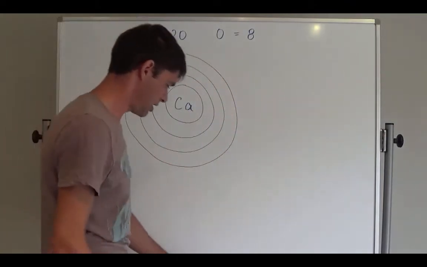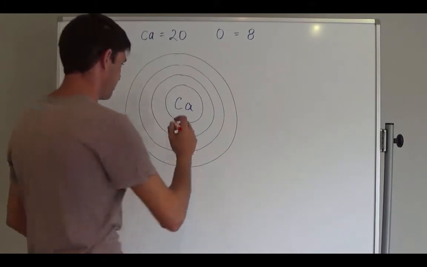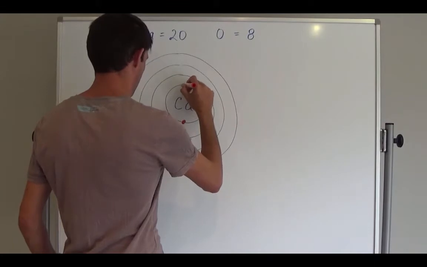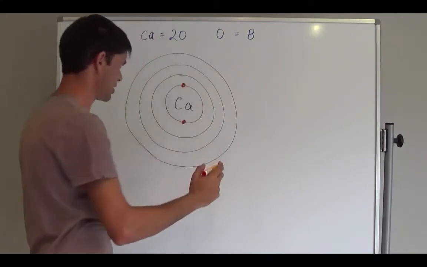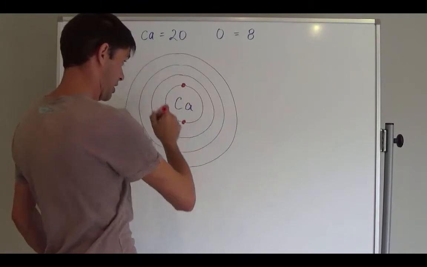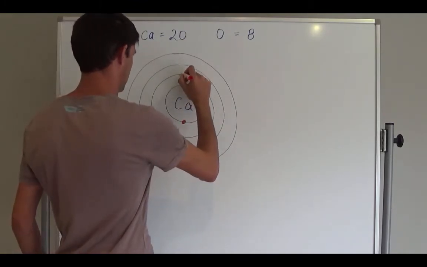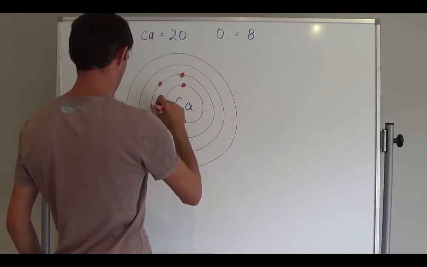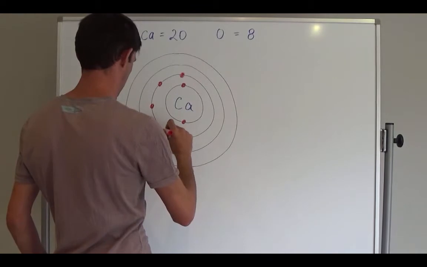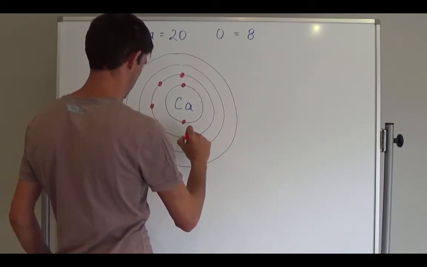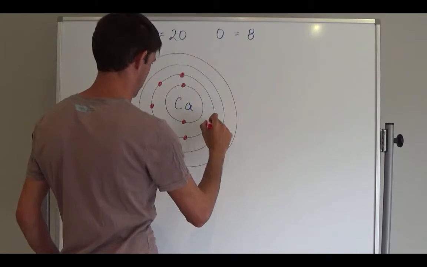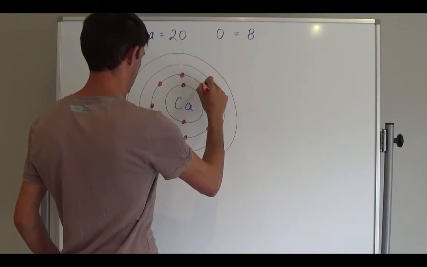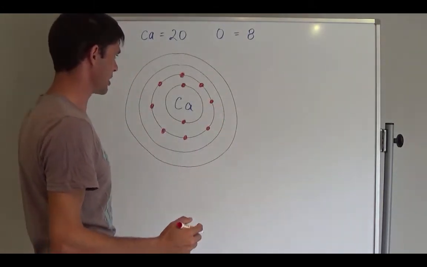Right, so how many electrons go in the first shell? Hopefully you said 2. How many in the second shell? Hopefully 8 is an answer there.